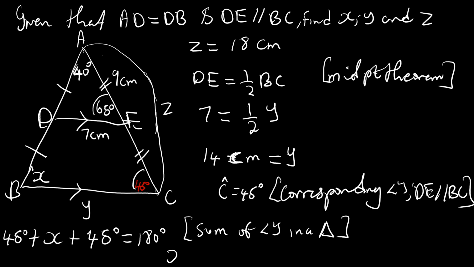Then the value of x is going to be 180 degrees minus A. Oh, the other one is 40, not 45. A is 40, sorry. A is 40, not 45. So we're going to say 180 degrees minus 40 minus 45. That's how we're going to get your value of x. And I believe you're going to get 95 degrees, if I'm not mistaken. So that will be your value of x.